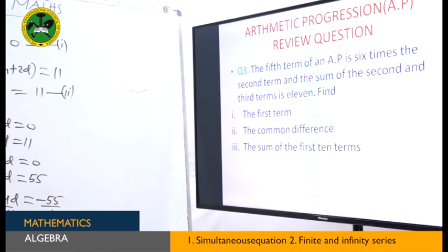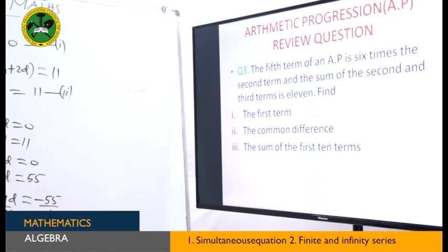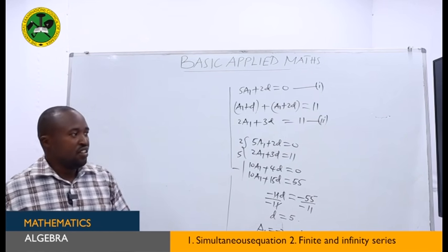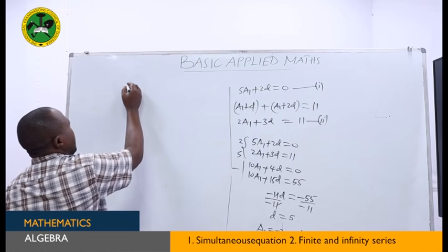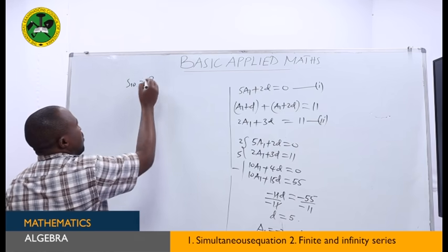Now we remain with only one question, that is the sum of the first 10 terms. So the sum of the first 10 terms, that is S of 10. We need to find S of 10 is equal to how much?